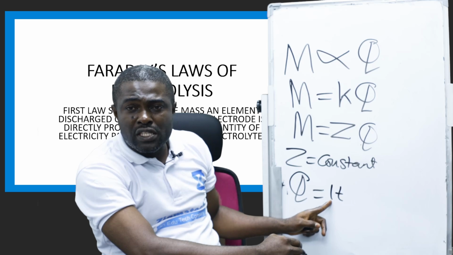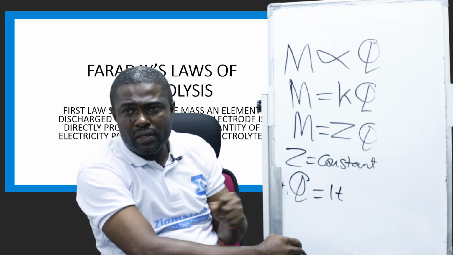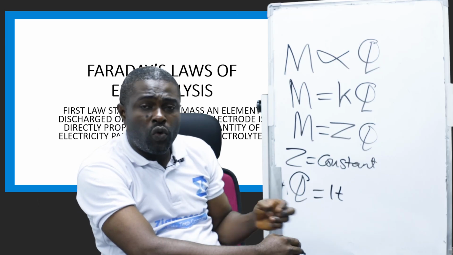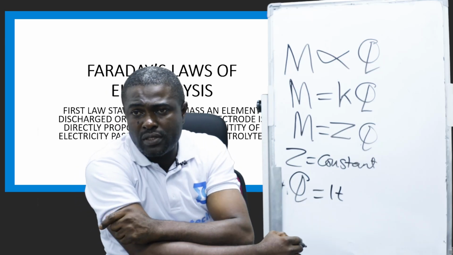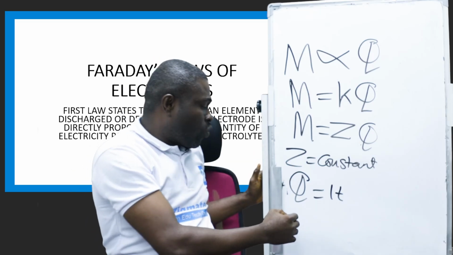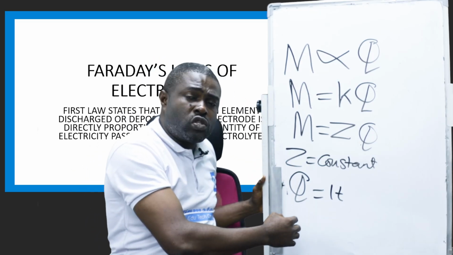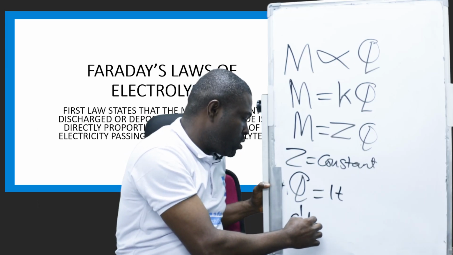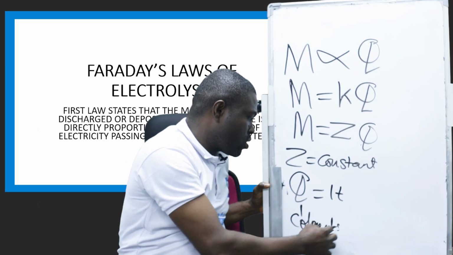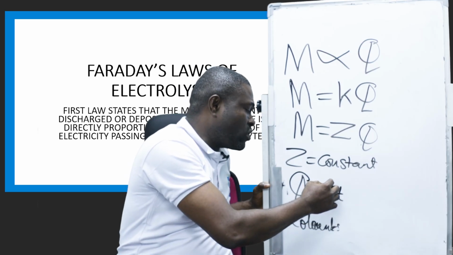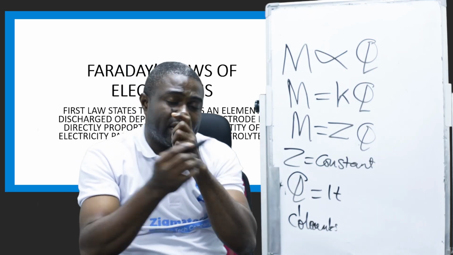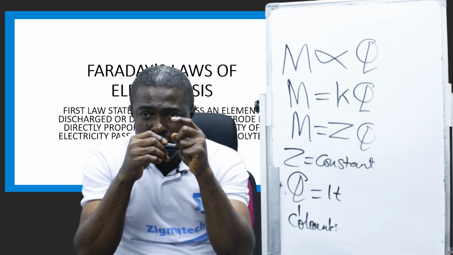The I is the current, which must be in ampere, while the T is the time, which must be in seconds. The unit of the quantity of electricity itself is coulombs.